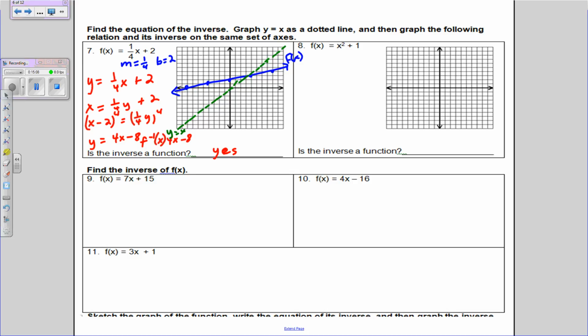So for the inverse, m is equal to 4 and b is equal to -8. So go down to -8 and make a point on the y-axis, and then go up 4 forward 1.